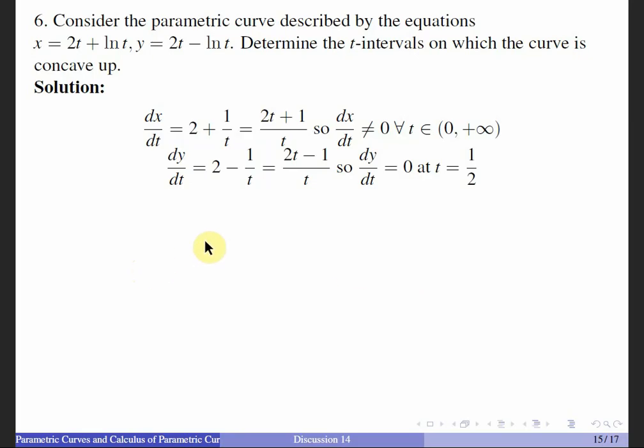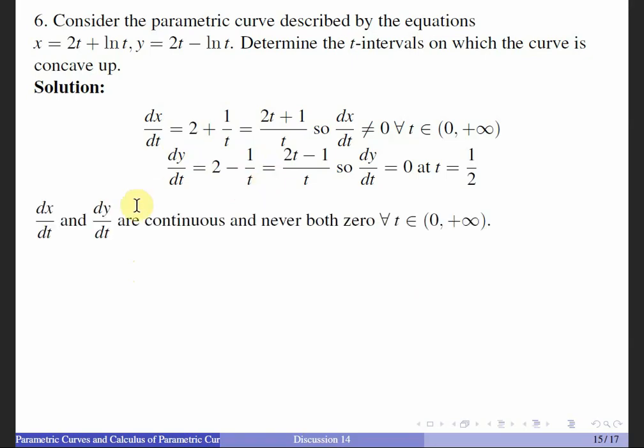The only time that these expressions are not continuous is at the zeros of the denominator, which is 0. Since it isn't in the interval, both are continuous. And they are never both zero. In fact, dx over dt is never 0. So that means that the curve is smooth in the t interval 0 to positive infinity, open.